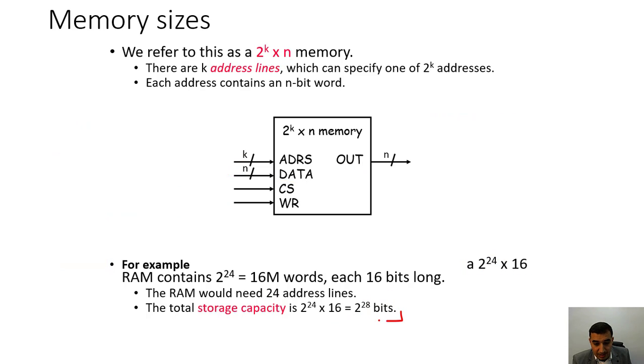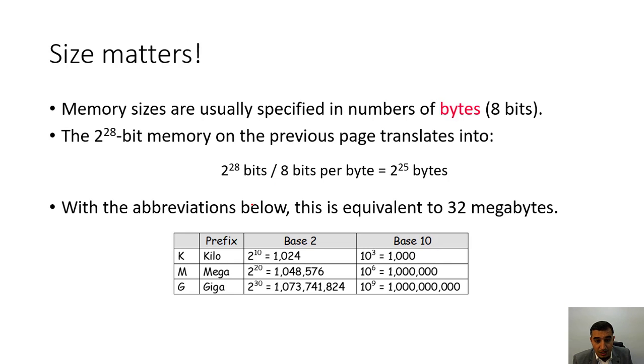this 28-bit memory that you can see over here is basically 28 bits divided by 8 bits, which gives you 2 to the power 25 bytes. So if I were to tell you about this memory, I would say this is 32 megabytes of data.